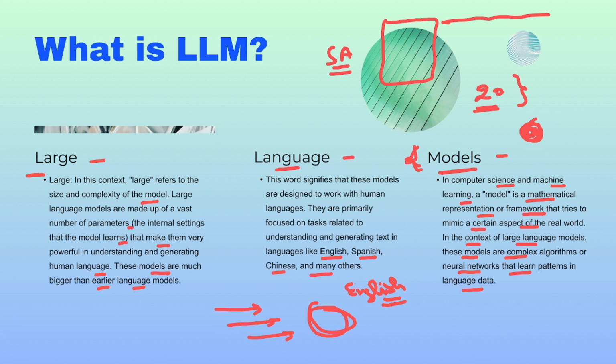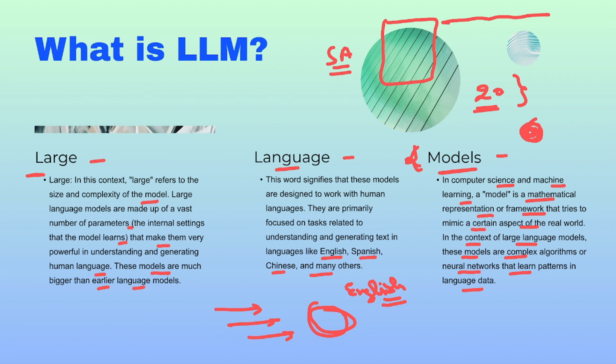Let me give you simple examples. Imagine a massive library with countless books, each representing a piece of knowledge. A large language model is like having access to this entire library, enabling it to understand and generate a wide range of text. A lot of information is there.